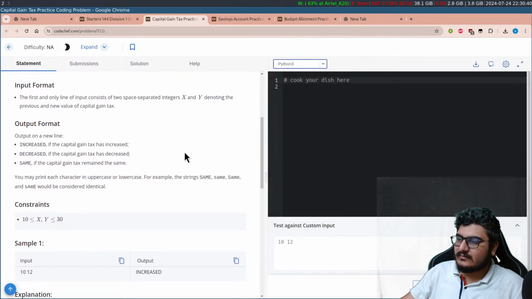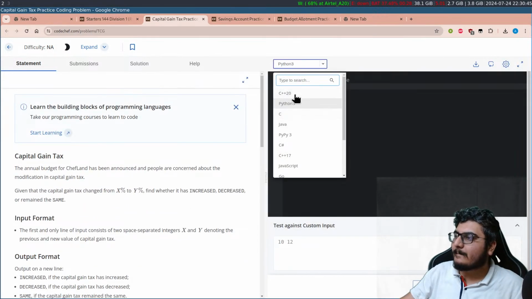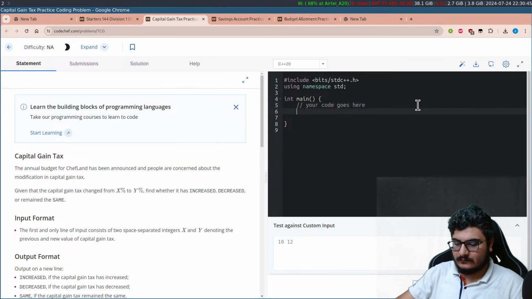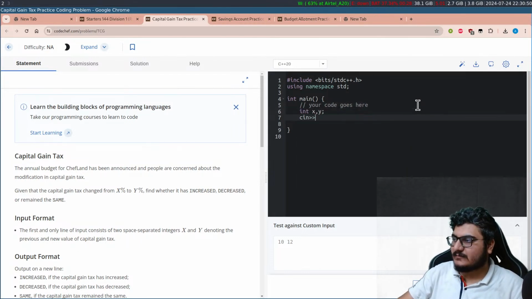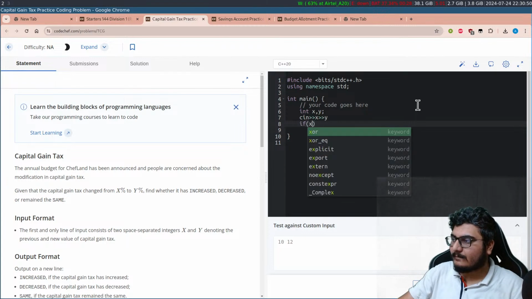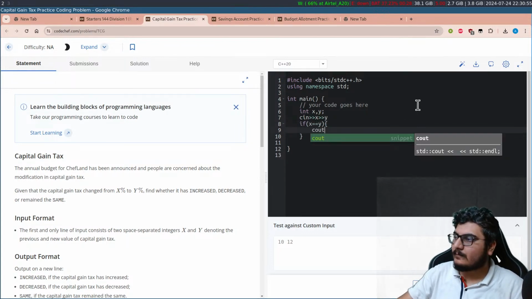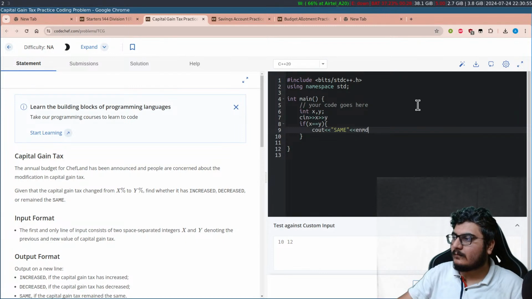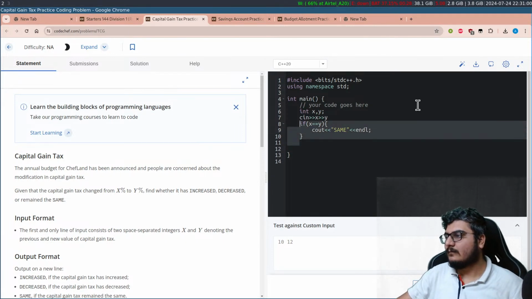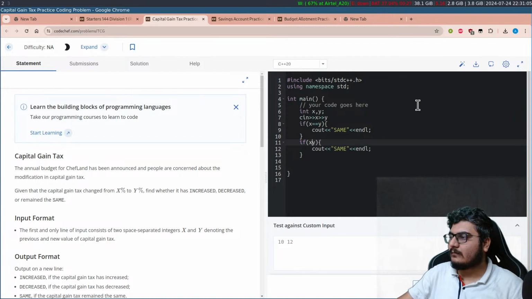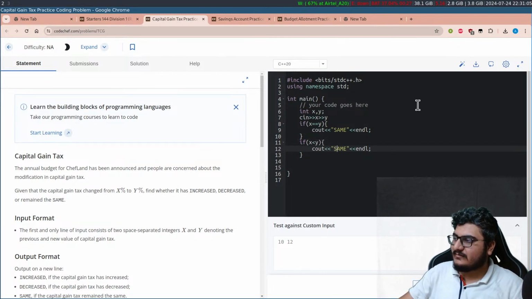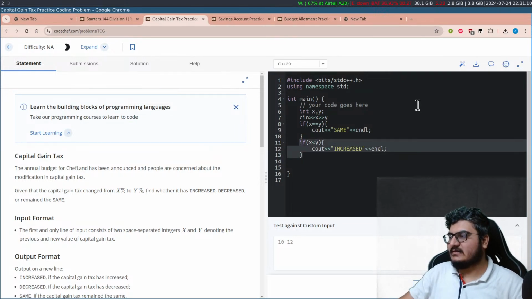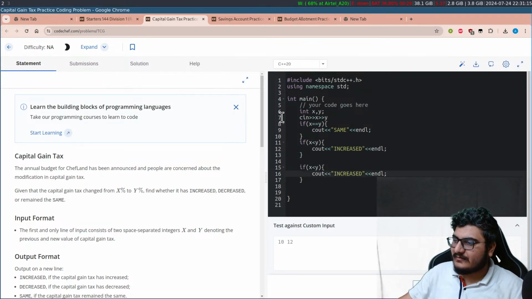So the way we can do it is we can read two integers first. In that, if X is less than Y, it means the tax has increased, and if X is greater than Y, it means the tax has decreased.